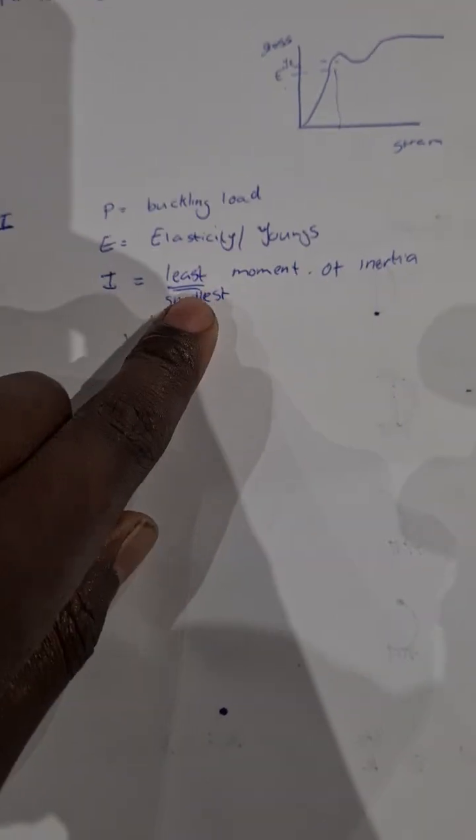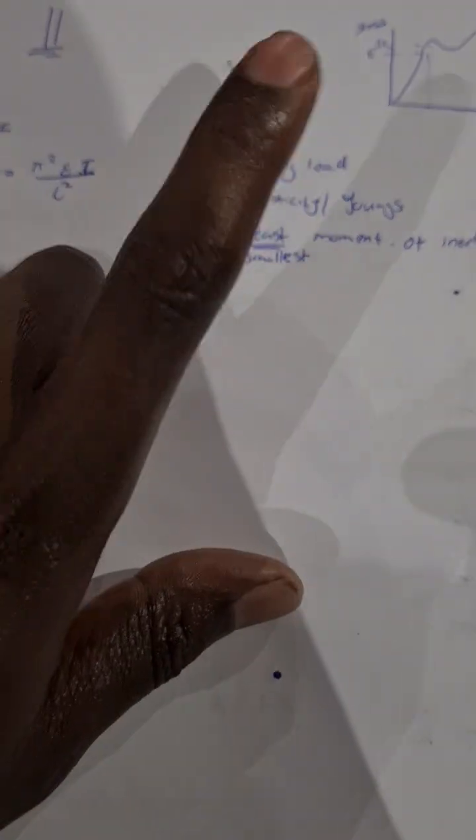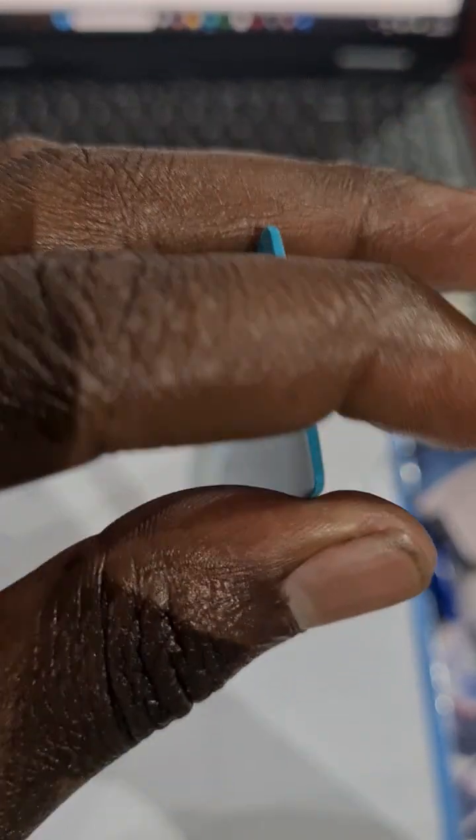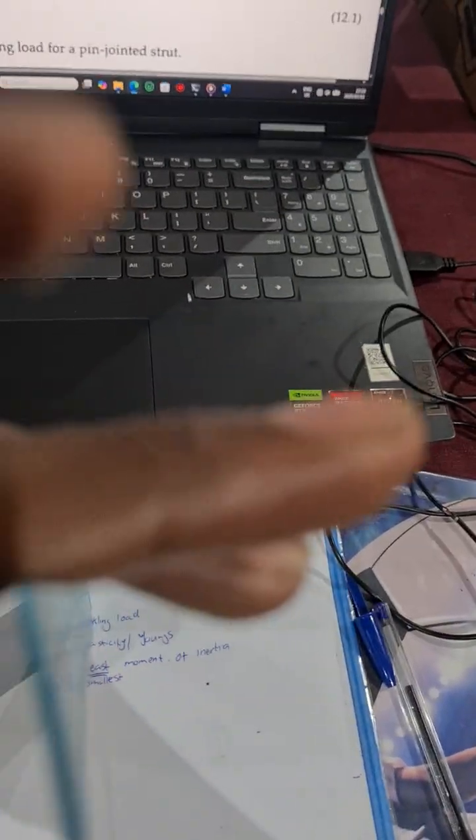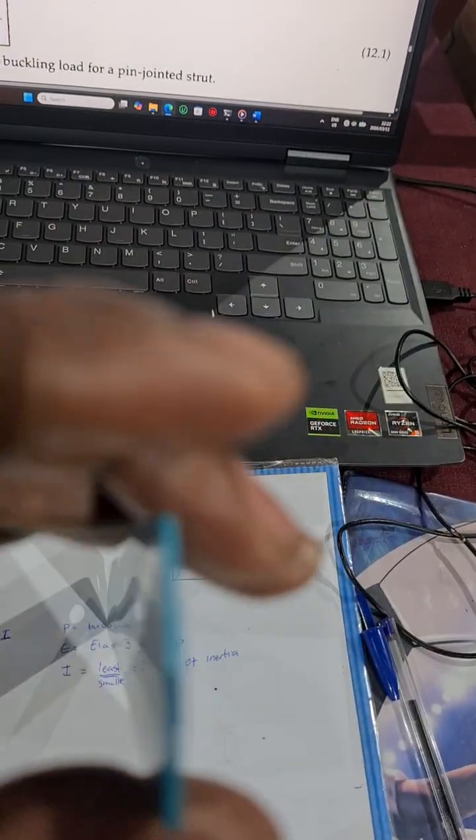Let me first try to explain so I don't confuse you. For example, you have a cross section of this ruler, you have a depth and a width. So it's a rectangle, right? Then we have two moments of inertia. We have the moment of inertia from the middle, and then horizontal.